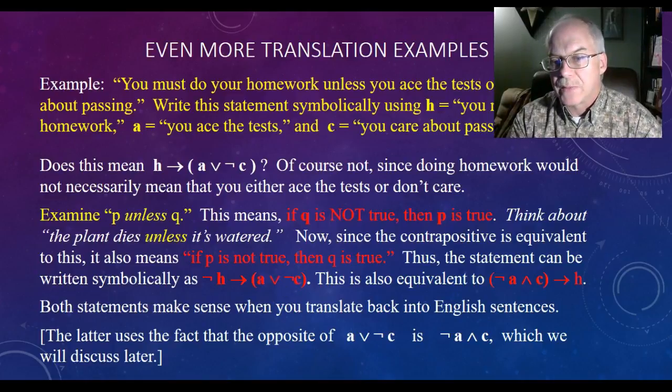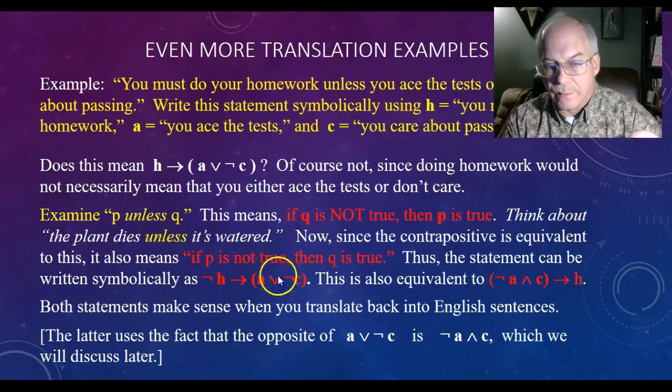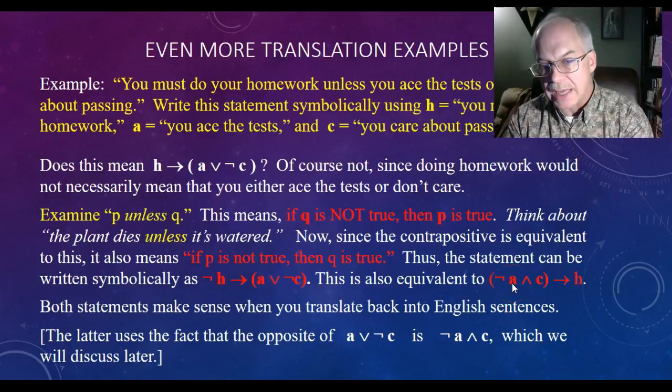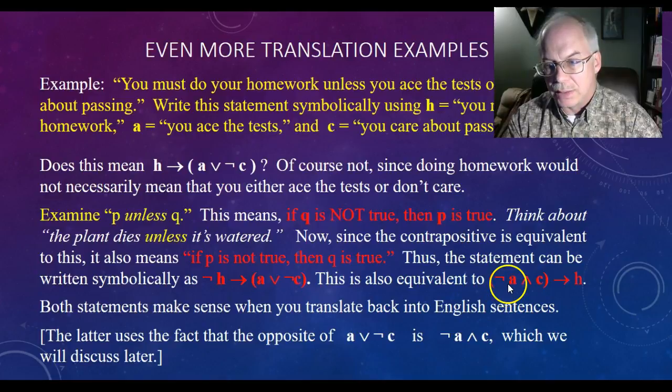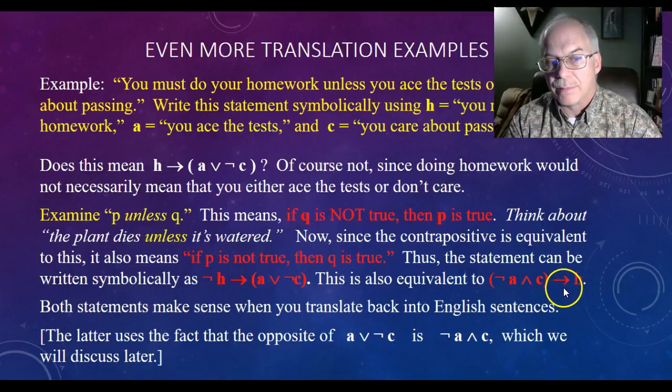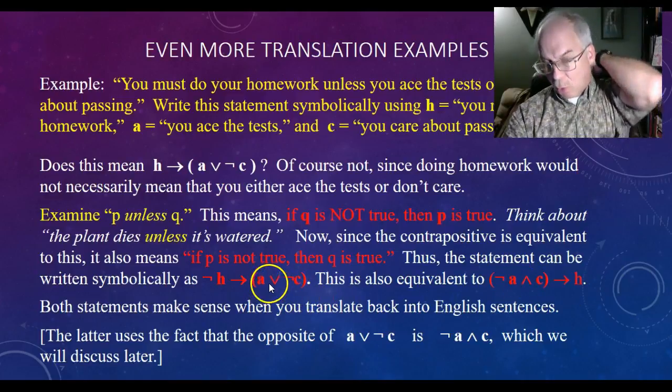Now, that statement, if you do not do your homework, then you either ace the test or don't care, is equivalent to, if we wanted to negate both, if you don't ace the test and you care, then you must do your homework. But that is something we'll talk about, why when you negate that or situation, it becomes an and.